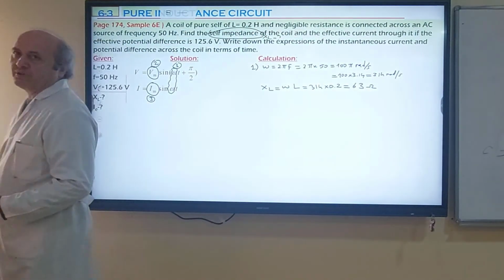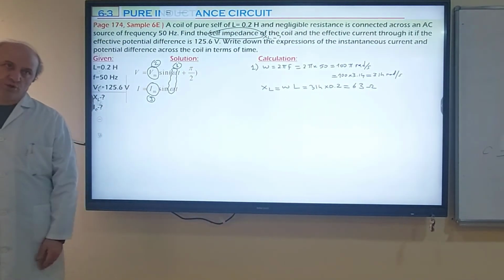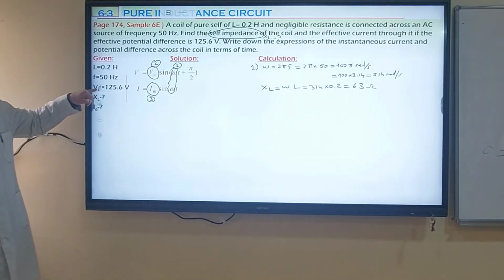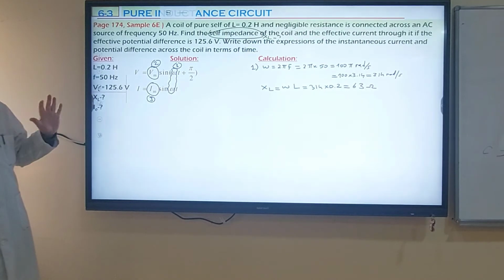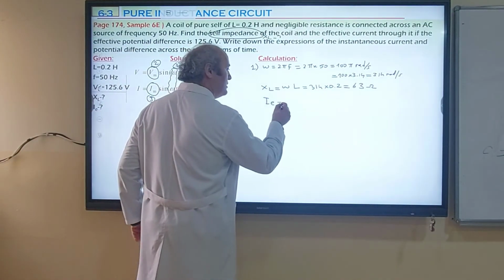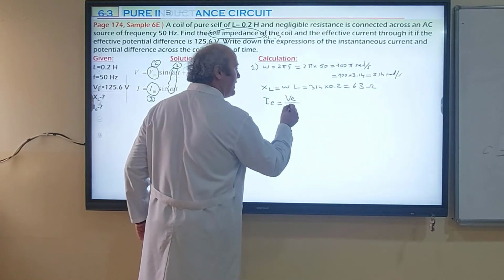After XL, we can calculate the effective current using Ohm's law, because we know the effective potential difference. IE is equal to VE divided by XL.